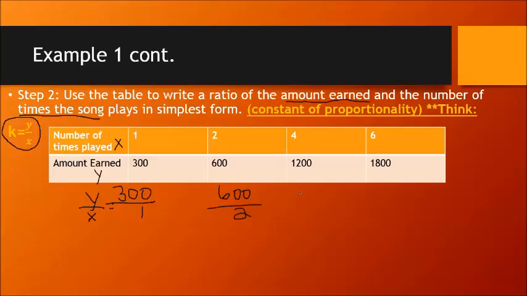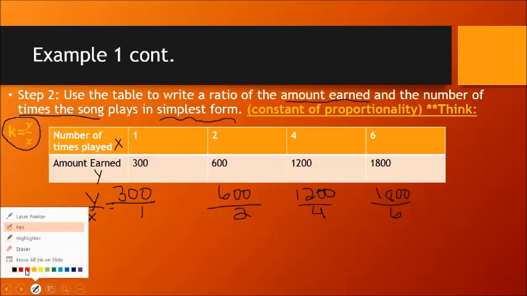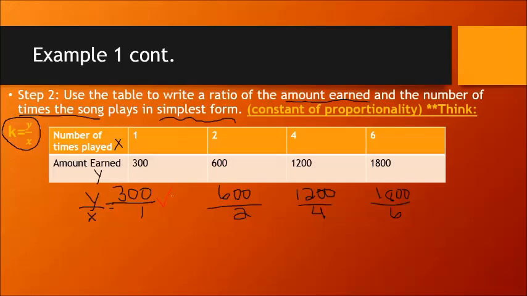The next one would be 1,200 over 4. The next one would be 1,800 over 6. But it says in simplest form. These aren't in simplest form. The first one is, so we're good to go on that one. So I'm going to do a little check mark here. 300 over 1 is in simplest form, but the 600 over 2 is not.